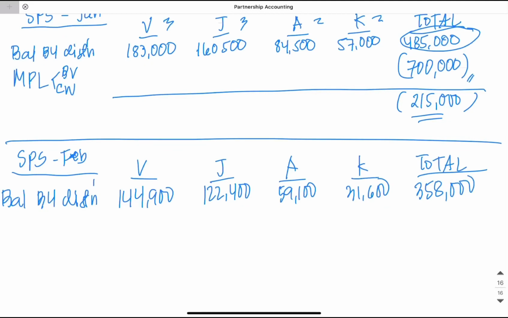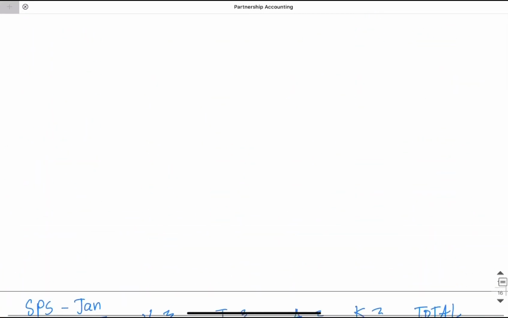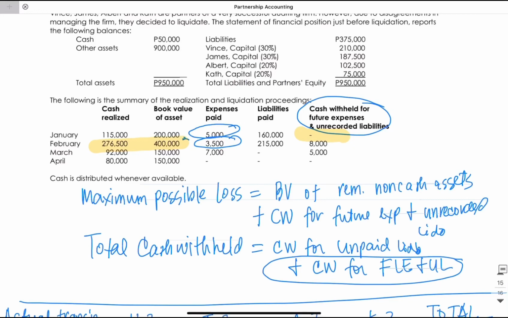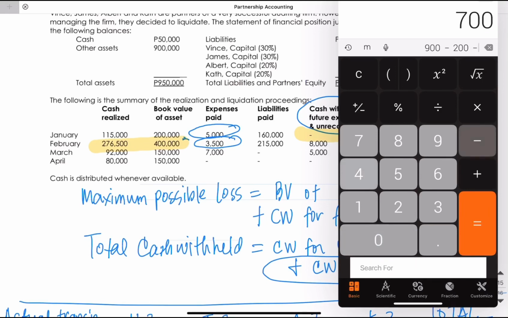Again, what would we need? We would need the maximum possible loss: the book value of the remaining non-cash assets and cash withheld for future liquidation expenses and unrecorded liabilities. So how much is the book value of the remaining non-cash assets? Let's compute. 900 minus 200 for January, and another 400 has been sold for the month of February.